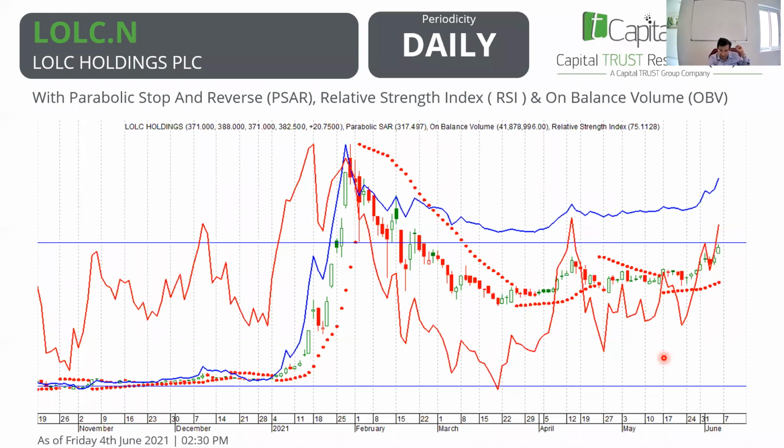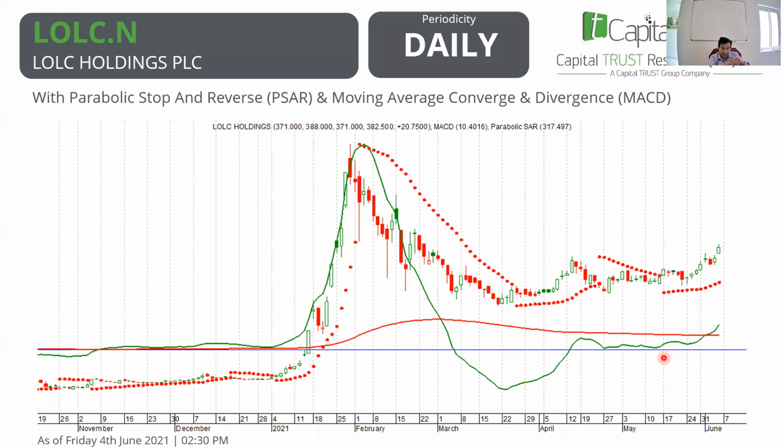And here we are, a broader look at LOLC with the MACD, and the MACD is also up. You can see the green line cutting the red line.